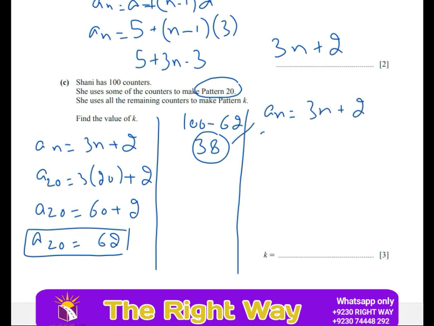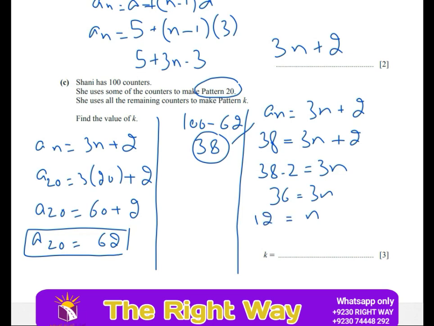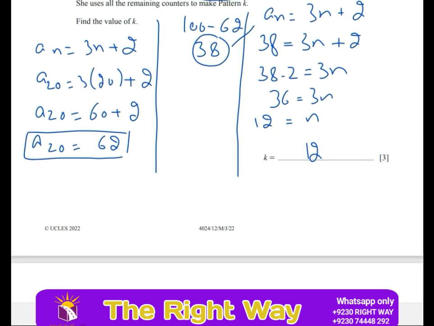Now an is 38 and I have to find n. 2 will be subtracted on the other side and it will be equal to 3n, and 36 equal to 3n. When 36 is divided by 3, n will become 12. So k is the 12th pattern, because with 38 counters I can make pattern number 12.